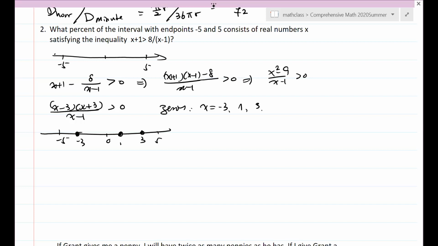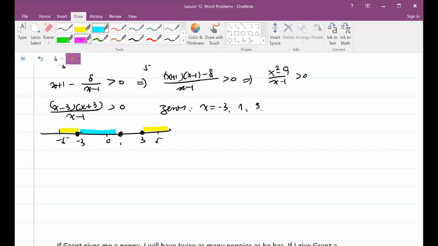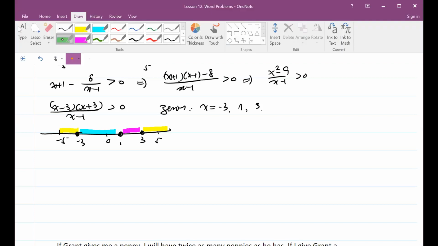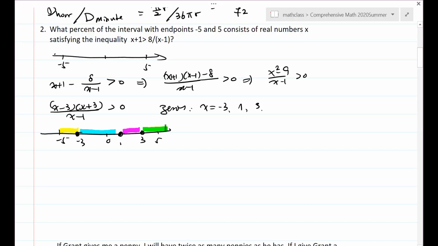So you have four intervals actually, four pieces, and over each sub-interval the expression does not change sign.